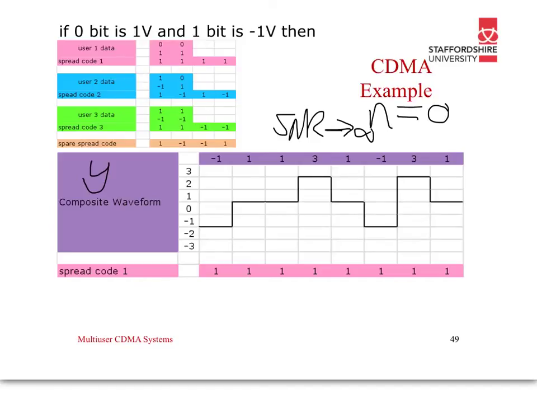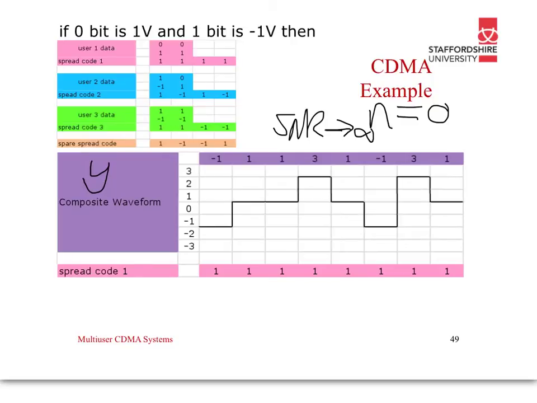Okay, so if we are in receipt of Y and we have, say, spread code 1, so we're in possession of this spread code and we know it's in synchronization with what was transmitted. What we do is multiply our spread code with the composite waveform.